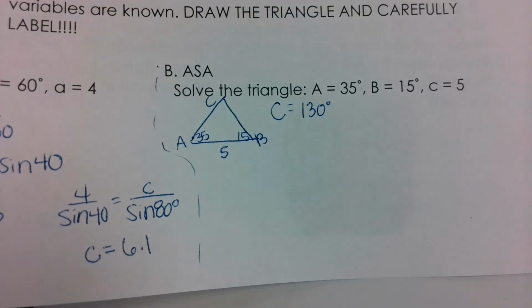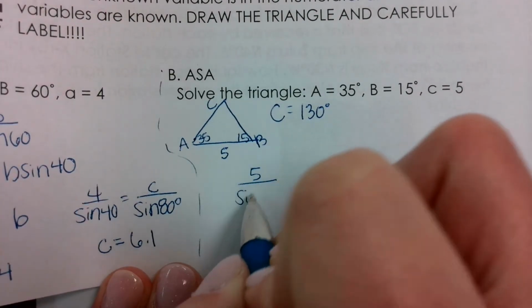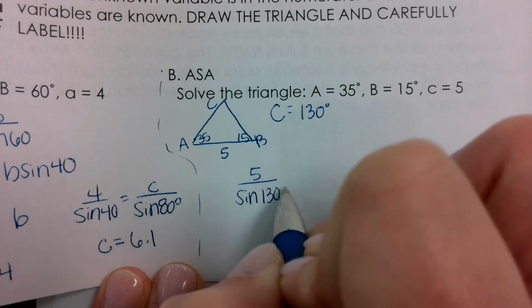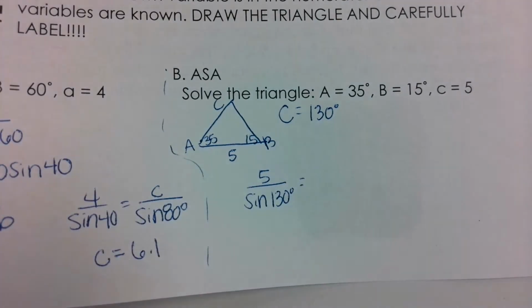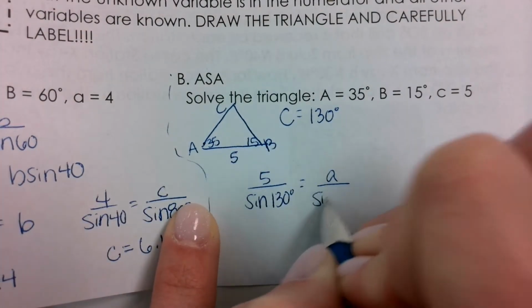So now that we have that angle, we know that side C is 5, so we can use that to start setting up our proportions. So we'll say 5 over sine of 130 equals, we'll just find A first, so little a over sine of 35.